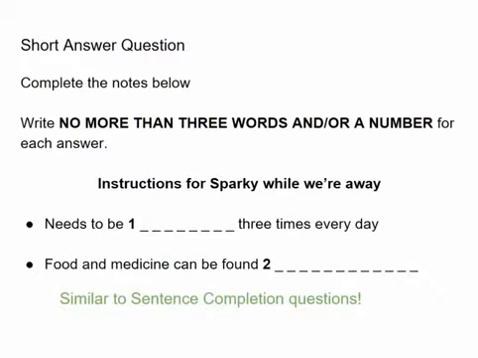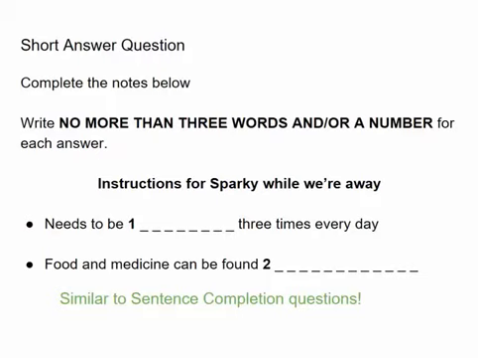There's a second type of short answer question, and this one looks very similar to a different type you may have already seen the video for, the sentence completion questions. These are different from sentence completion questions because if you notice in the questions down below, these are not complete sentences.